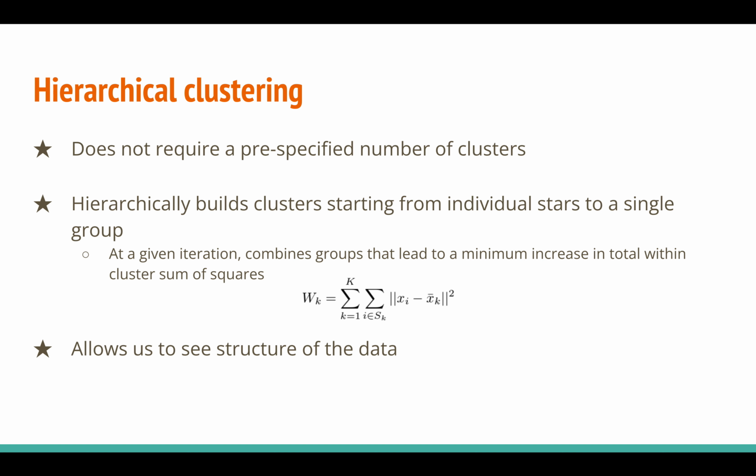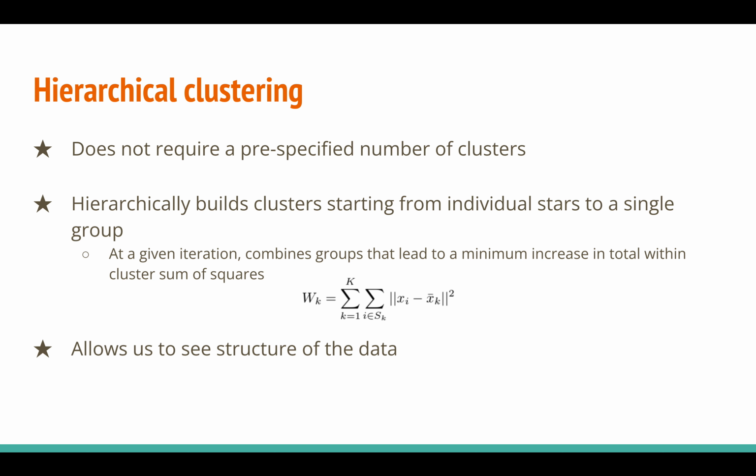In order to determine which stars are chemically similar, I use hierarchical clustering. The reason for using hierarchical clustering rather than a different clustering method is that this does not require a pre-specified number of clusters. Working in high dimensions, so in this case up to 15 abundance dimensions, we really cannot visualize what's happening.